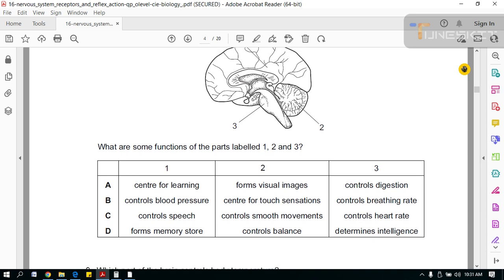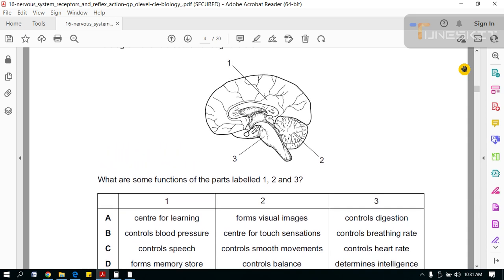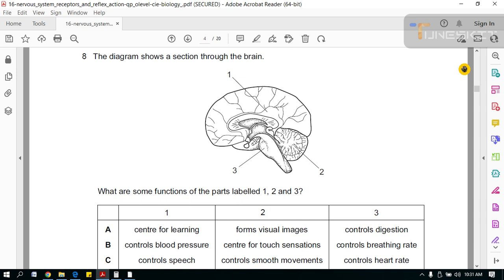Cerebrum is the site of intelligence, learning, memory, reasoning. All these functions are carried out by cerebrum.